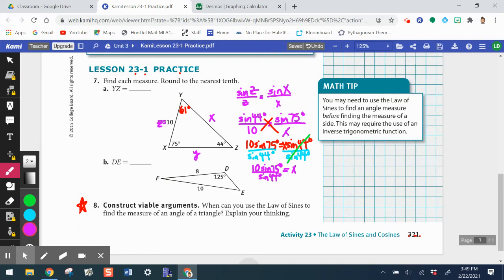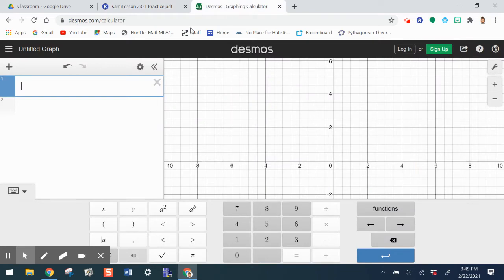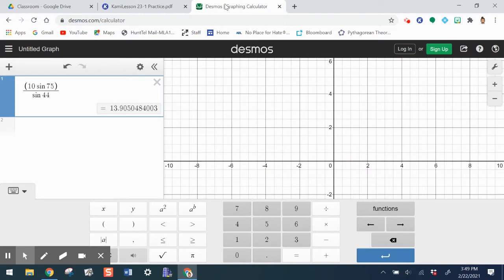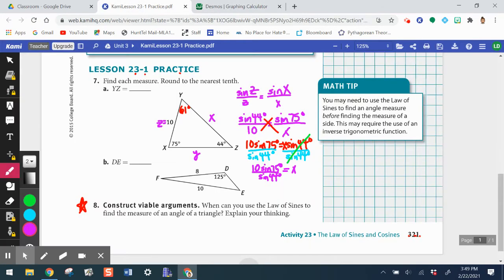And so we're going to use Desmos here, or if you have a graphing calculator, feel free. 10 times the sine, and I'm going to keep using those parentheses, especially for those using a TI-83 or 84. You definitely want to use parentheses there. 10 times the sine of 75 divided by sine of 44. Let's just make sure I put that all in correctly. Looks good. And we found the measure of x to be 13.9 because the 0 after the 9 tells that 9 to stay where it is. So the length from Y to Z is 13.9.